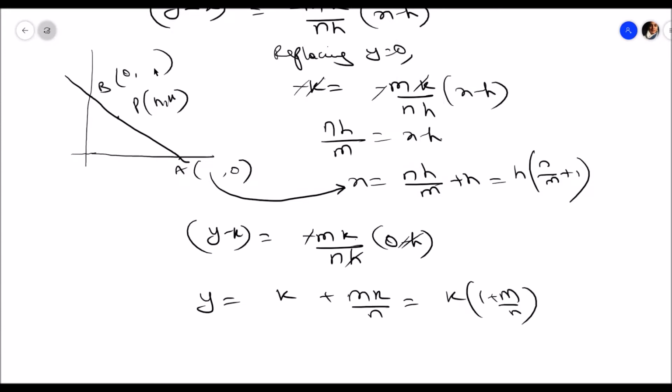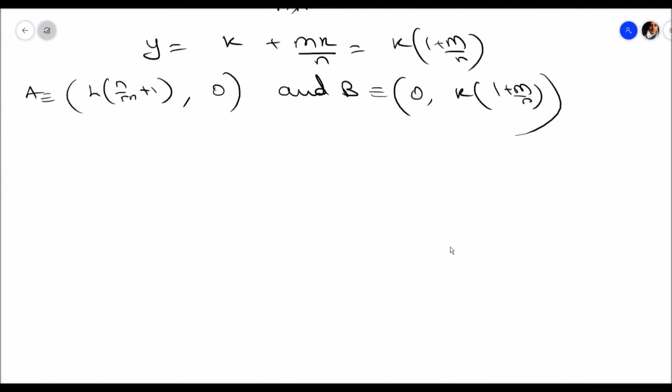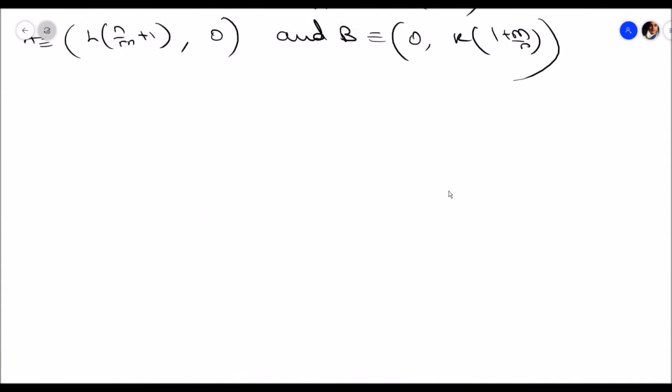Now I have the coordinates of both A and B. A is h of n by m plus 1 comma 0, and B is 0 comma k of 1 plus m by n. I already have P, which is h comma k.